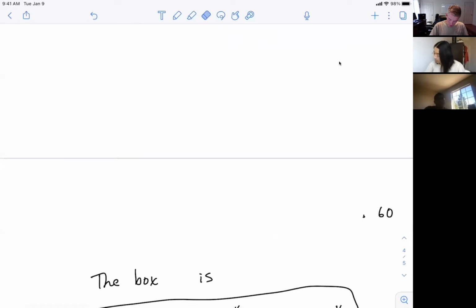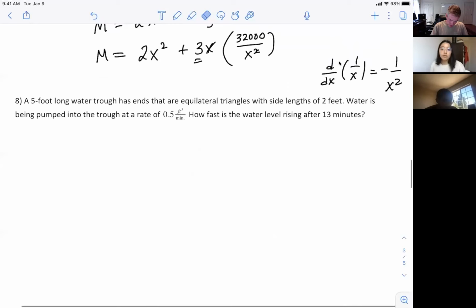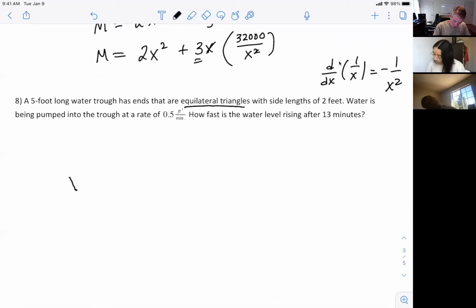Okay, so for this last one, a water trough has ends that are equilateral triangles. So let me try to draw a nice, neat equilateral triangle. And the side length are 2 feet.